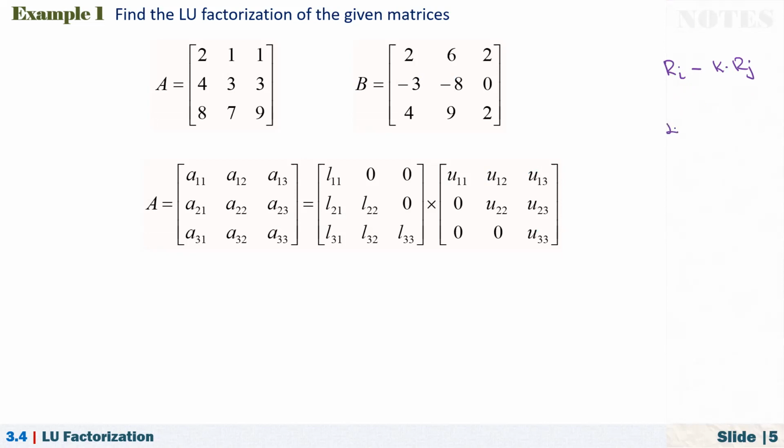So this L of ij will be equal to just this K. Now you will see this in this example.